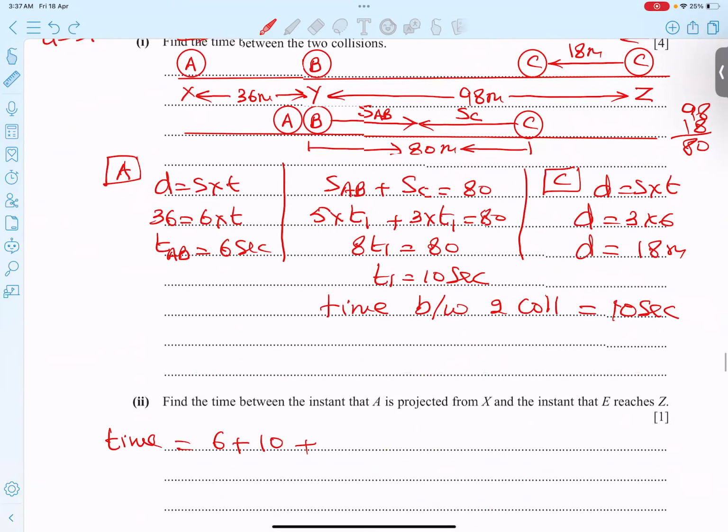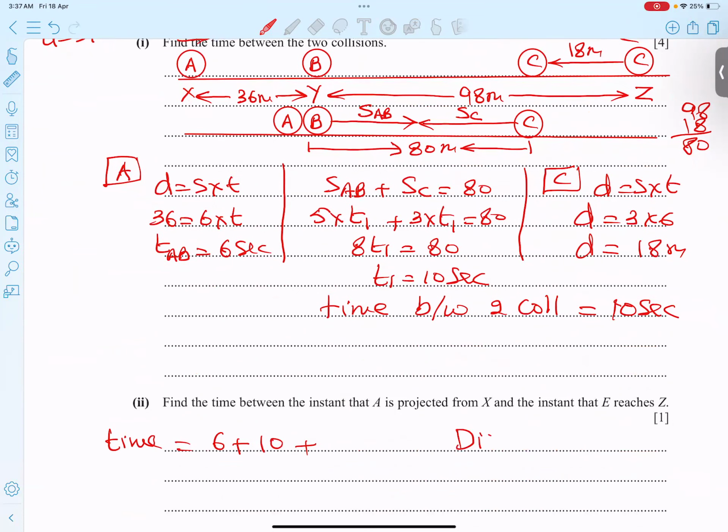So I'm writing here the distance by AB, before collision, just before collision, and the speed is 5 into 10, so it is 50 meters.